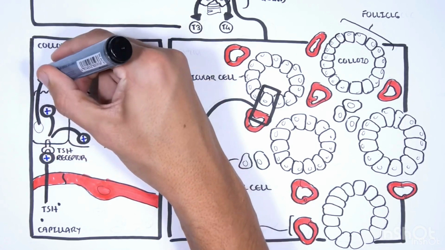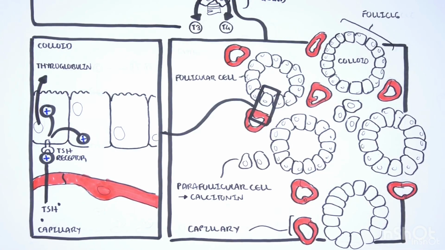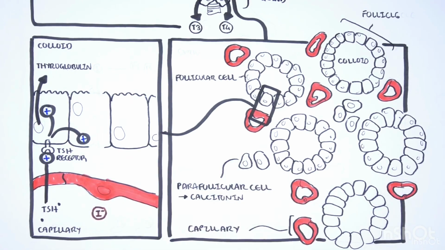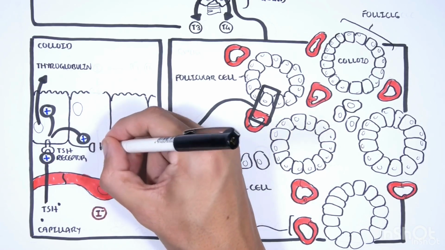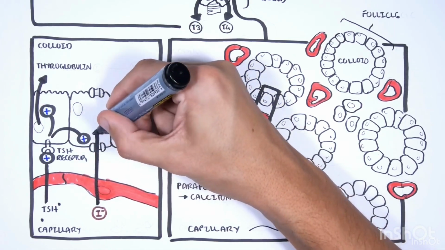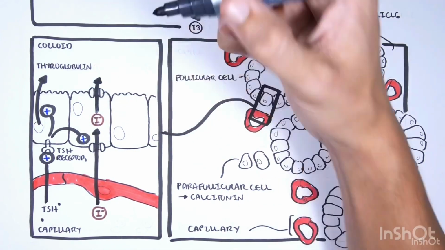TSH, thyroid stimulating hormone, also stimulates the expression of channels such as sodium iodide channels, allowing the circulating iodide to enter the follicular cells. From here, iodide enters the colloid via another channel and becomes oxidized to iodine.